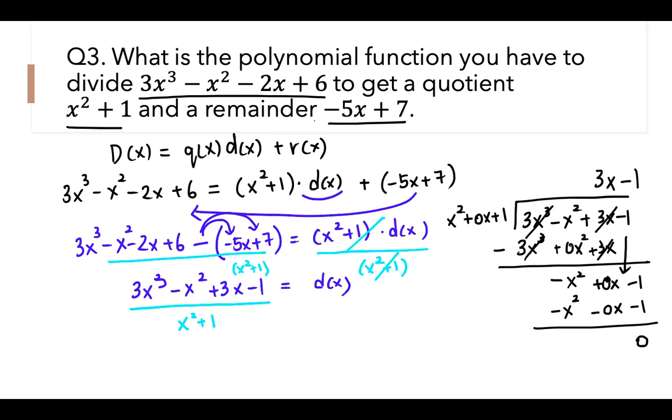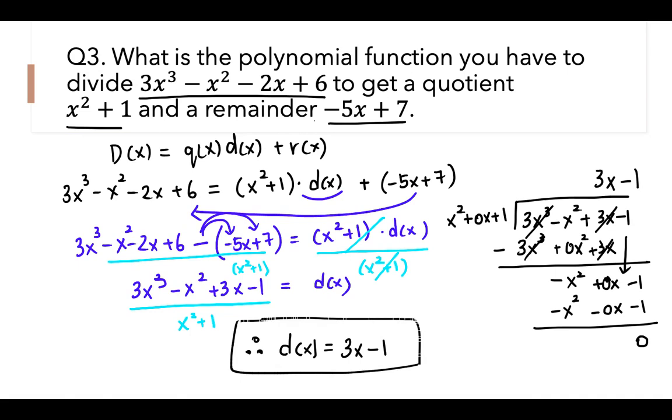So that tells you that it divides perfectly as a divisor. So therefore, we could conclude that the divisor is going to be equal to 3x minus 1. And that will fulfill this statement of a polynomial function.